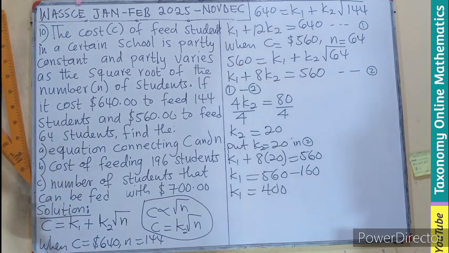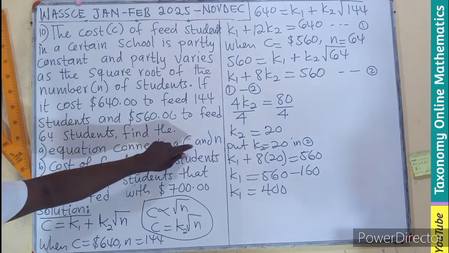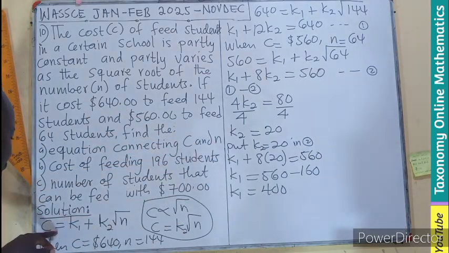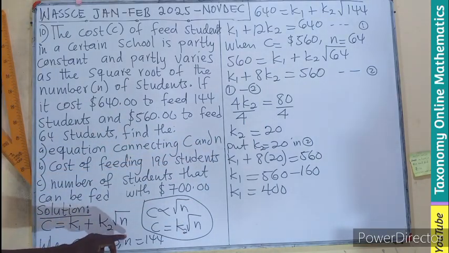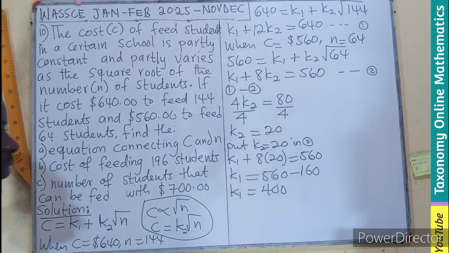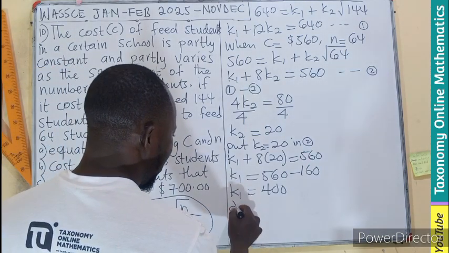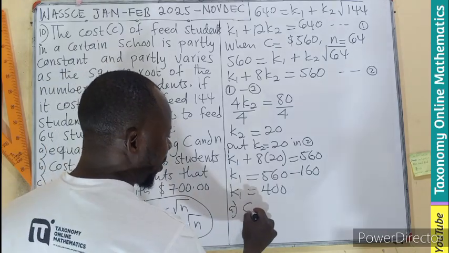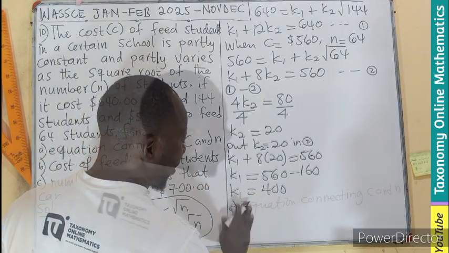So if that is out of the way, we are going now to the first part of the question: the equation connecting C and N. The earlier equation is not the one connecting C and N because K1, K2 are still unknown inside.